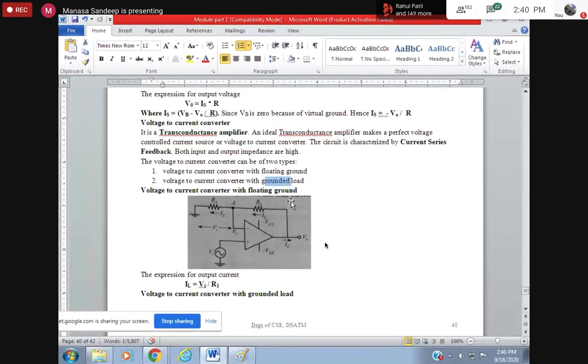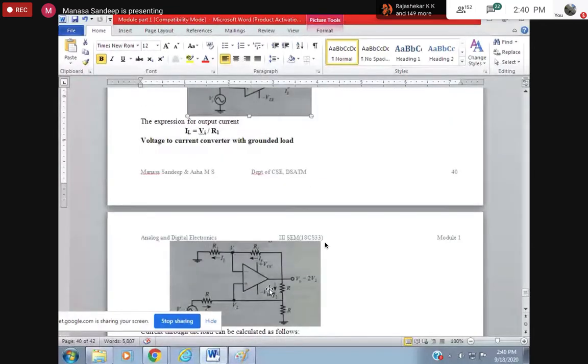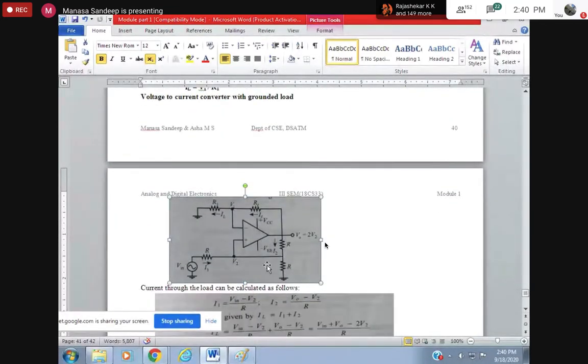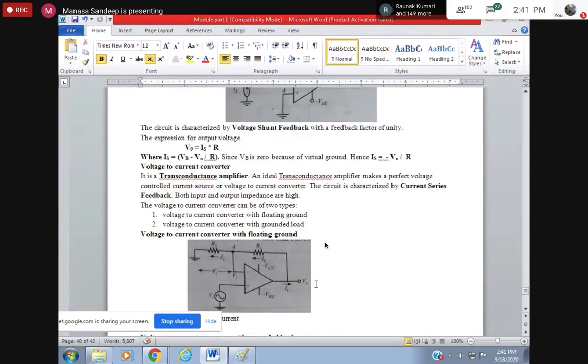One is floating load and the second one is grounded load. In the first version the output terminal is simply floating. In the second version, the output terminal is grounded with the load. You can see two resistors connected; this is the load and it is grounded. These are the two variations.